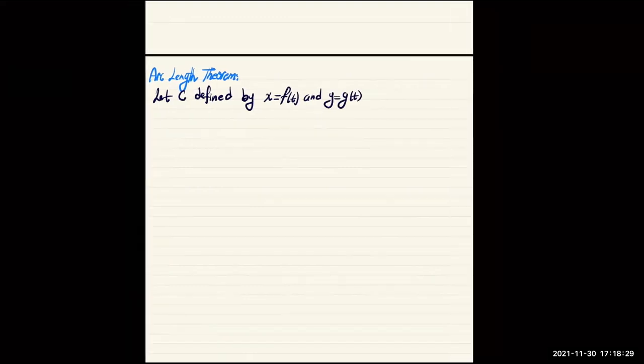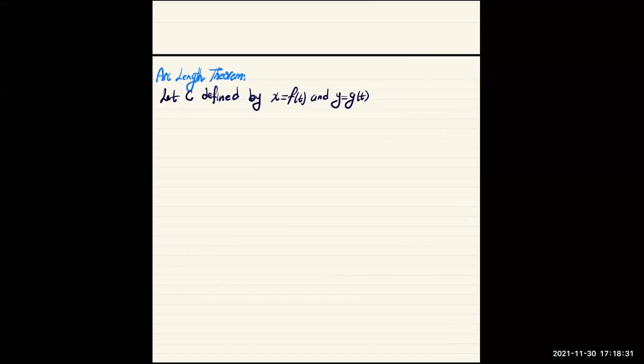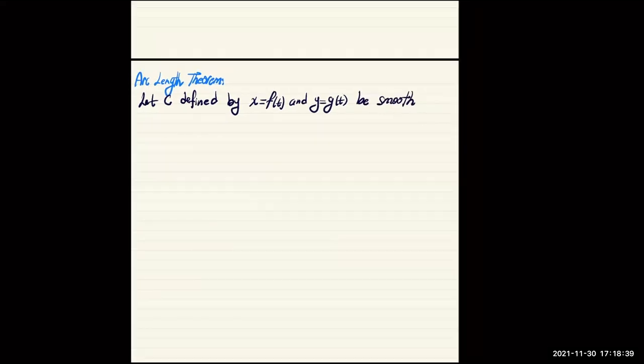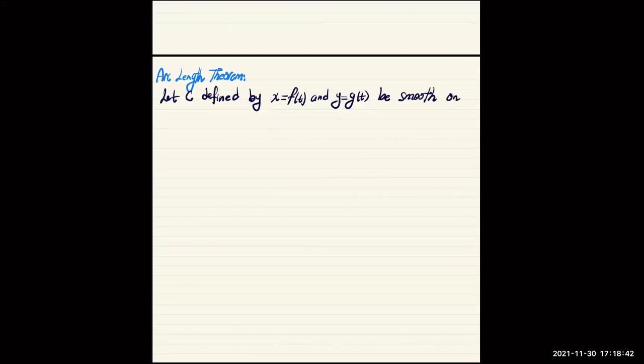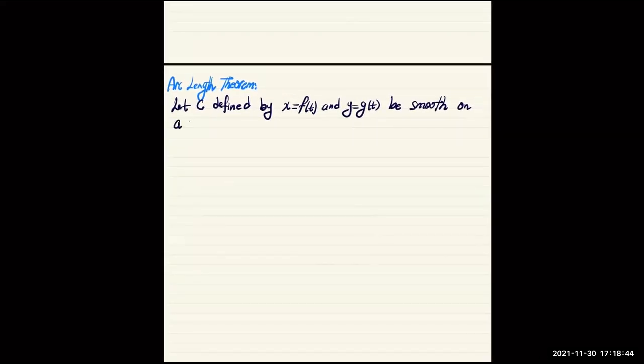And it says let C, defined by x equal to f of t and y equal to some function of t, g of t, be smooth on the t interval from A to B, because we're trying to find arc length over that interval.